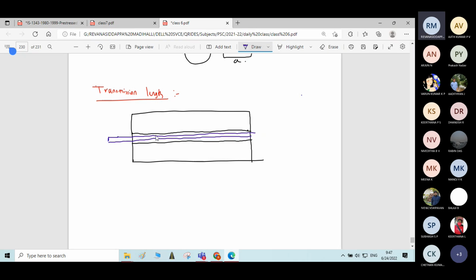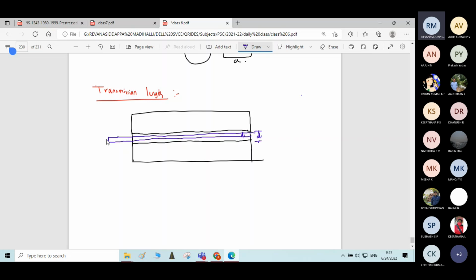Original diameter was D1. Then after stretching, the diameter reduces to D2. Therefore, when the pre-stressing tendon is tensioned, due to its elongation there will be reduction in the diameter.